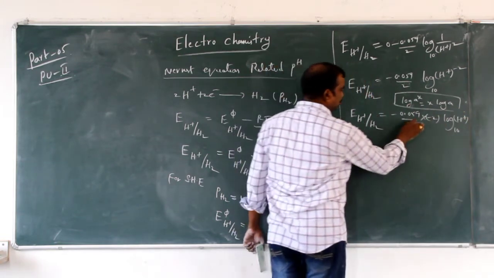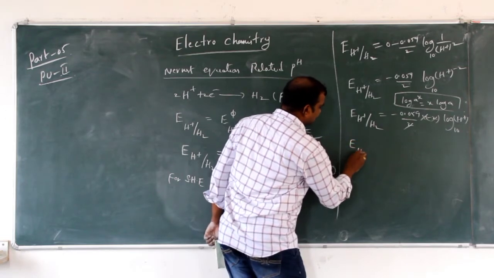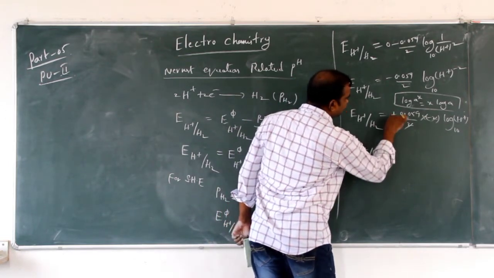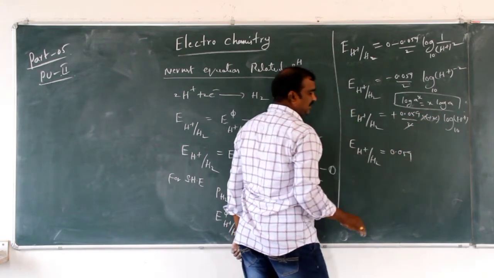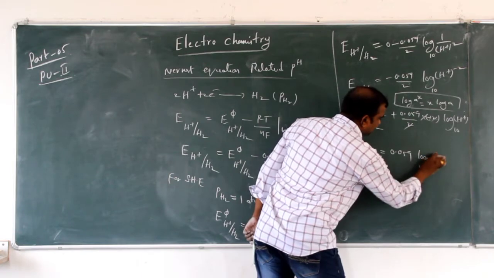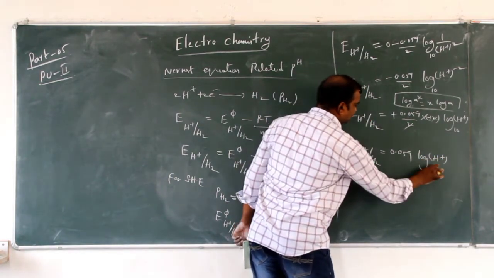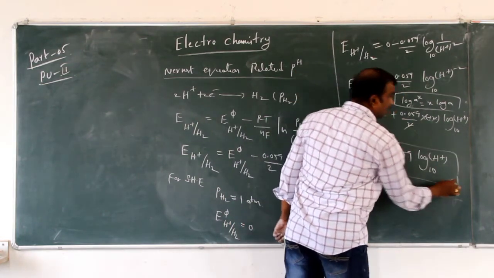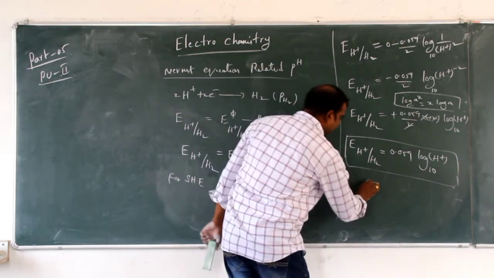Now this 2 will cancel, and minus times minus gives plus. So E of H+/H2 is equal to 0.059 log of H+ concentration, base 10. This is the EMF of the cell. How can you write the H+ concentration in terms of pH?